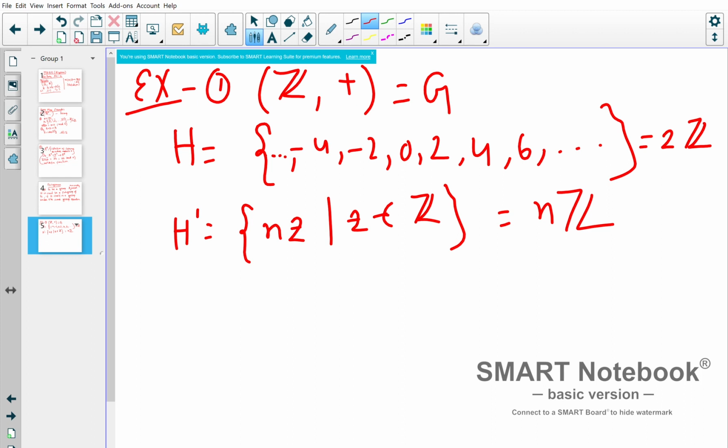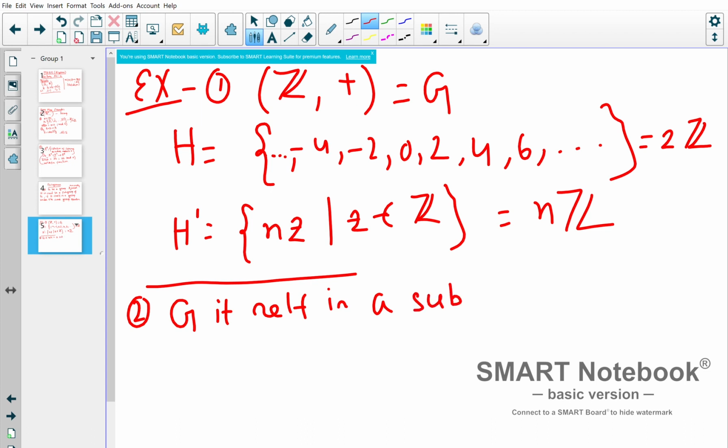Obviously, first G itself: given any group G, G itself is a subgroup of G, and also the identity.